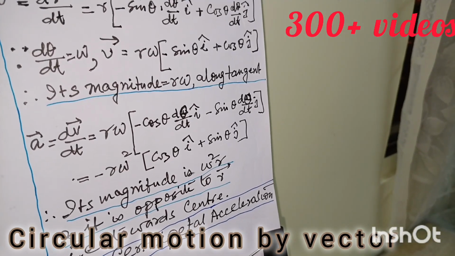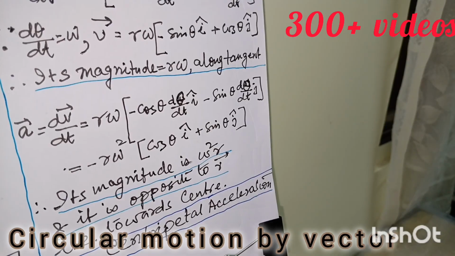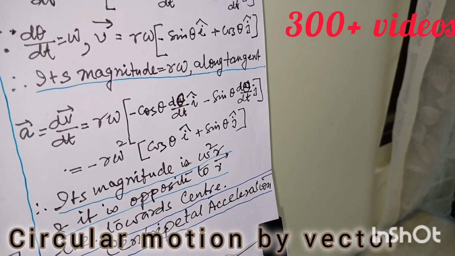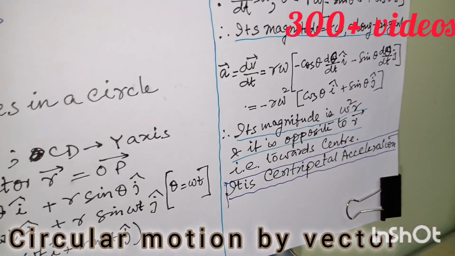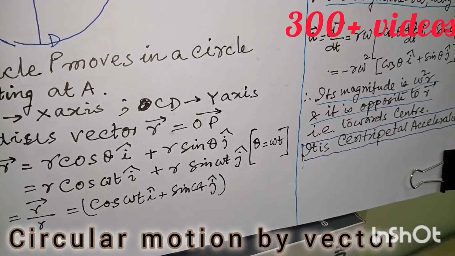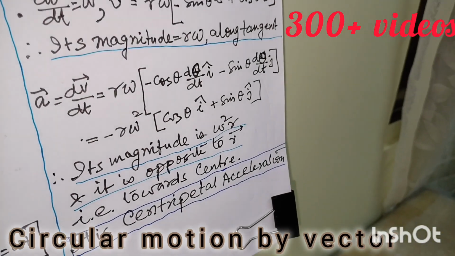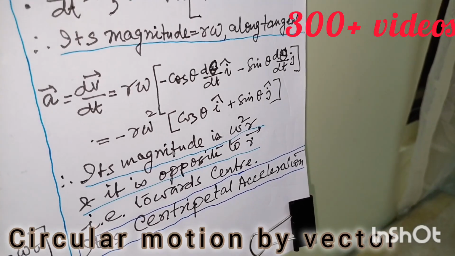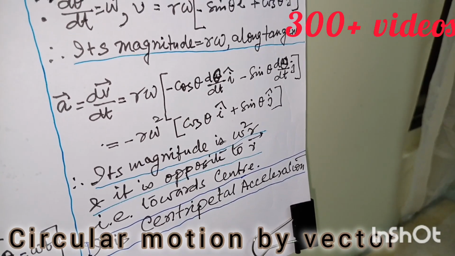That means the acceleration has a magnitude omega square r, and the unit vector is the same as r, because the unit vector of r was cos omega t i cap plus sin omega t j cap. Here also we get cos omega t i cap plus sin omega t j cap, or cos theta i cap plus sin theta j cap.